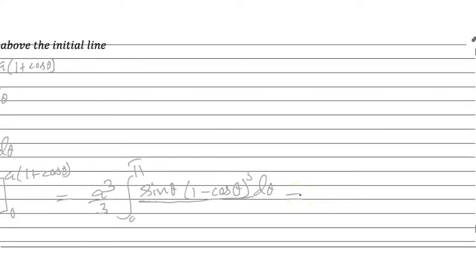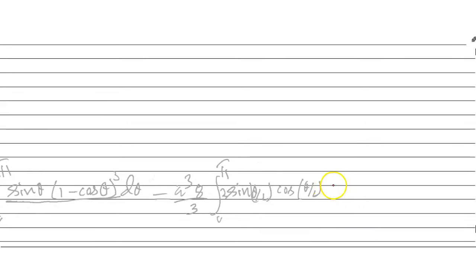So it can be written this way: a cube into 8 divided by 3, 0 to pi, into sine theta into 2 sine theta by 2 cos theta by 2 into cos to the power 6 theta by 2 d theta.